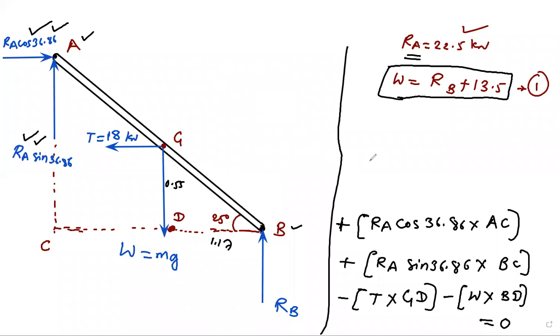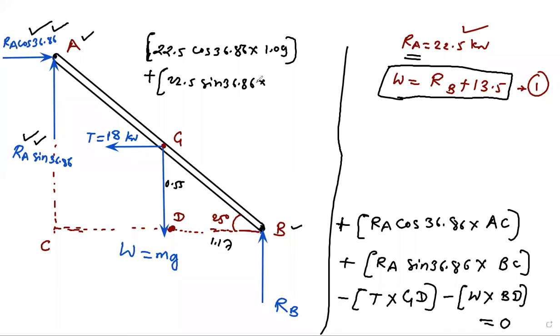Okay, so simplify, put the value of RA equal to 22.5 cos of 36.86 multiplied by AC, which is 1.09, positive, plus 22.5 sin of 36.86 multiplied by BC.